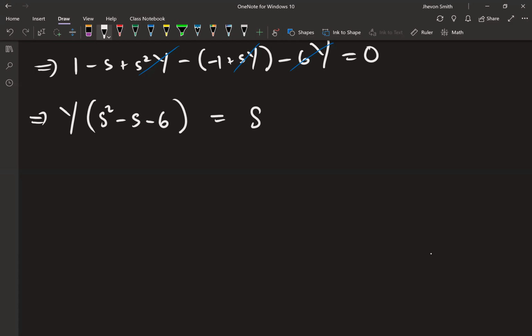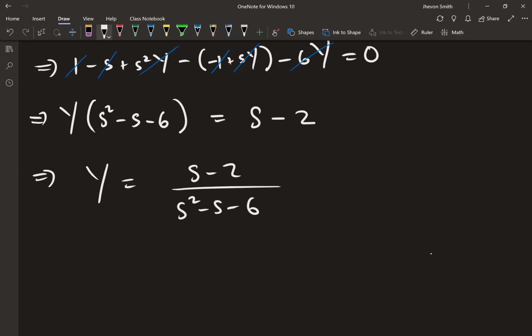Then here I would have a 1 plus a 1, which when I move over becomes a minus 2. So that takes care of this. It also takes care of the 1 and the 1, and everyone's accounted for, which means I now have my Y is equal to s minus 2 over s squared minus s minus 6.